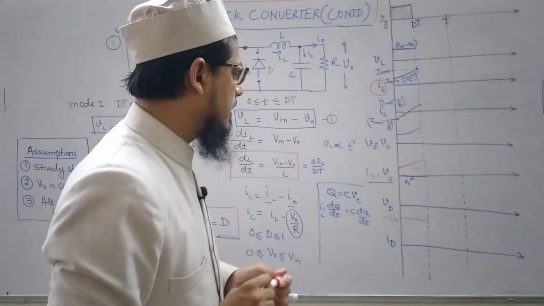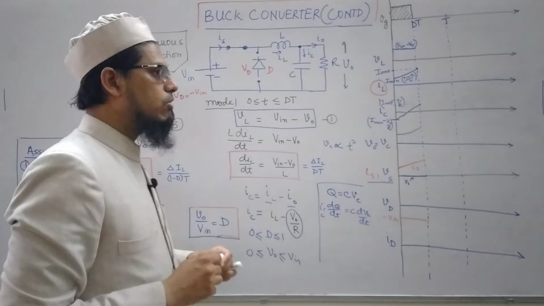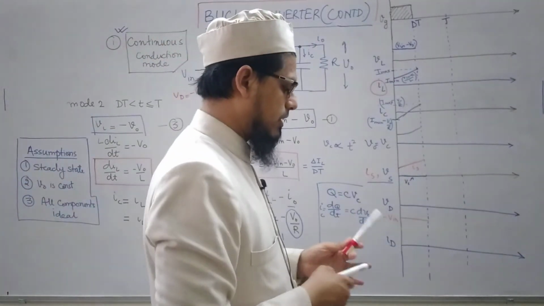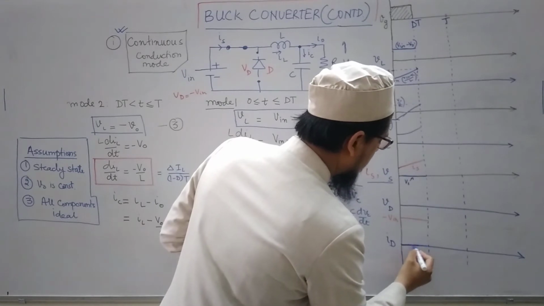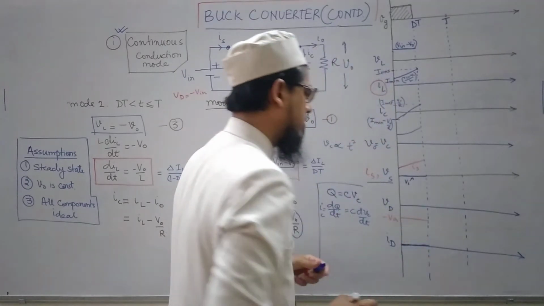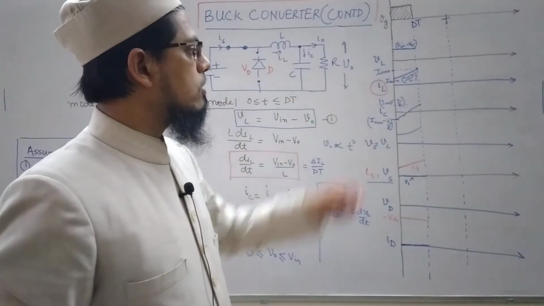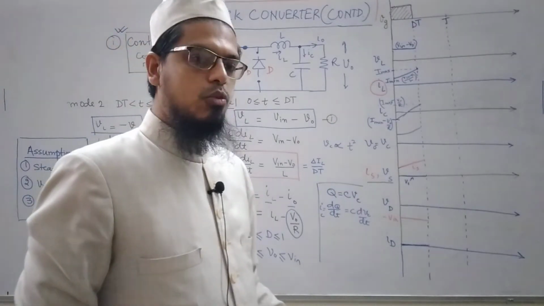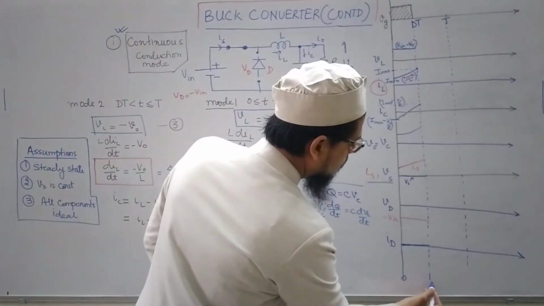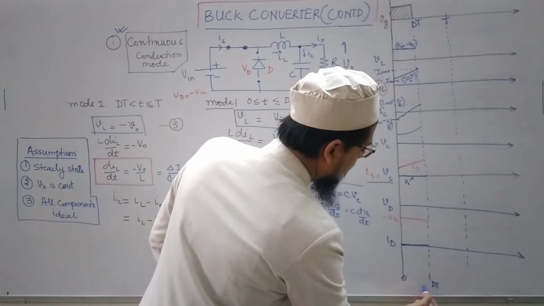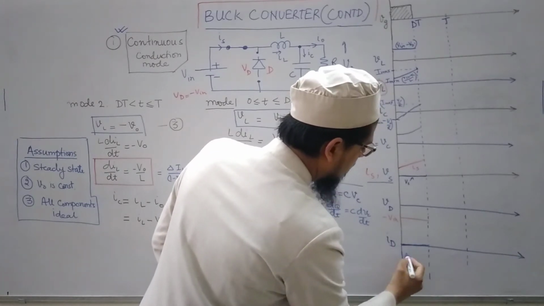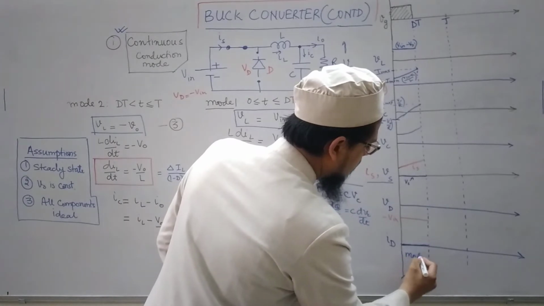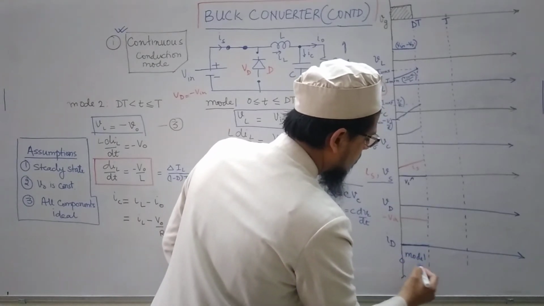What about Id? When the diode is not conducting, Id will be equal to 0. So Id is 0 here. This was mode 1, from 0 to time dt.